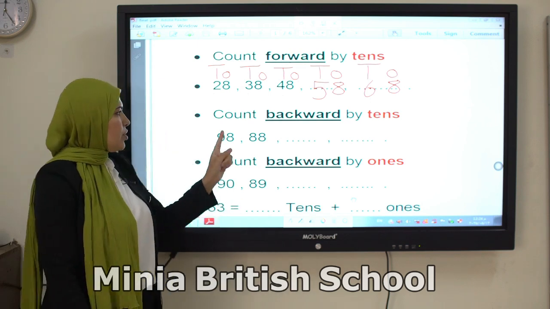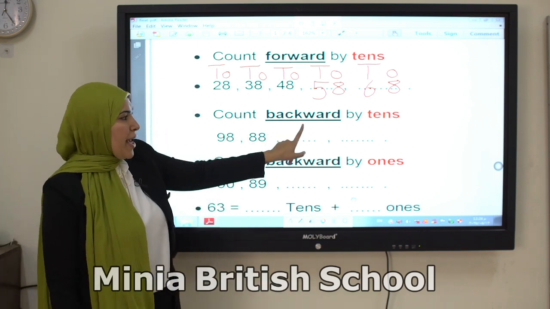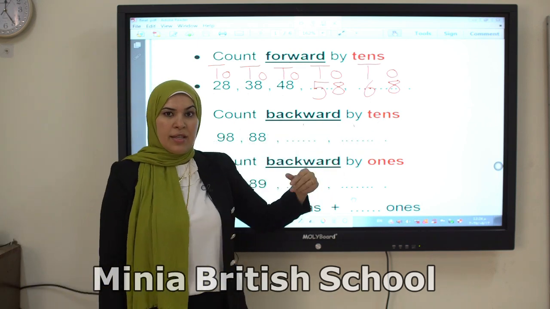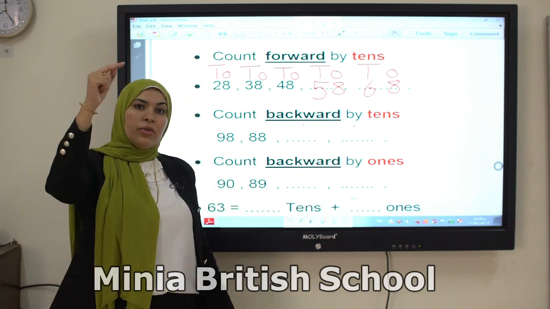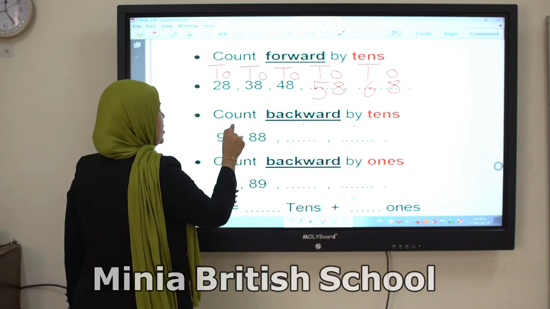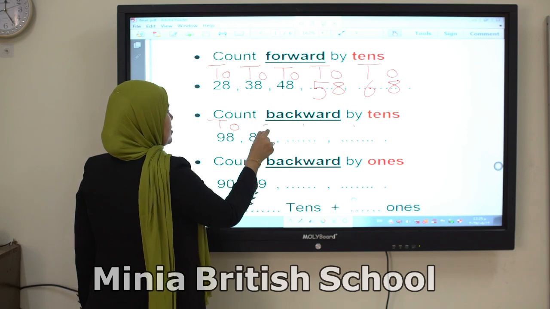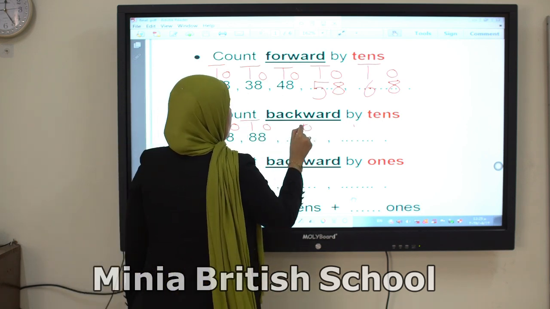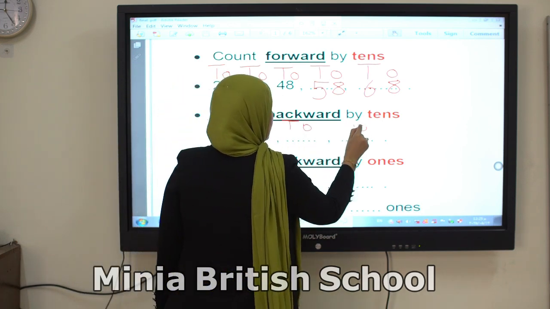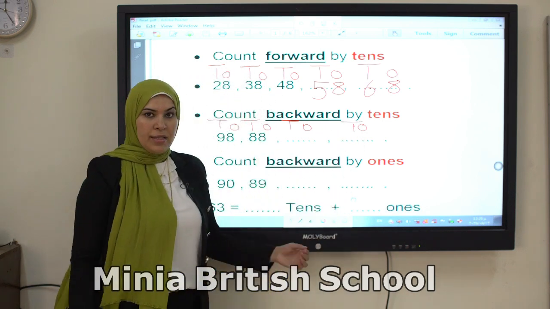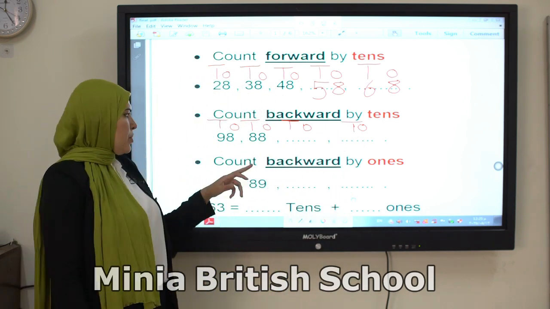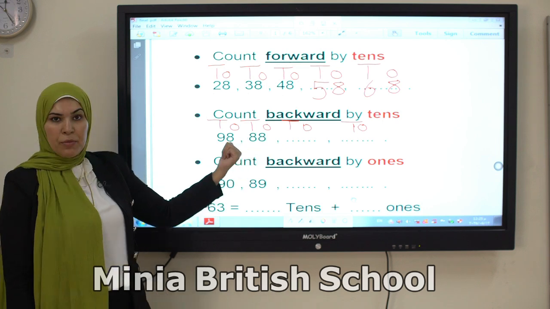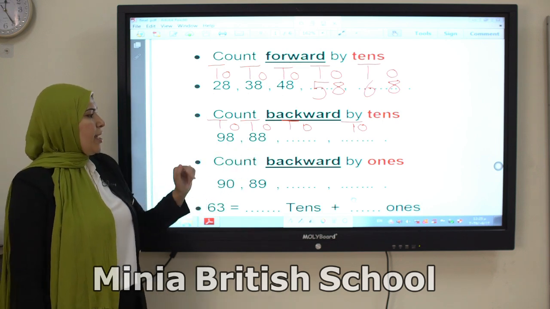Okay, another question. Count backward by tens. If you see count by tens, write OT above all the numbers and the spaces. Okay, this is the first step. What is the second step? The second step, the number in ones will be the same number. So here in all ones, write number what? 8.